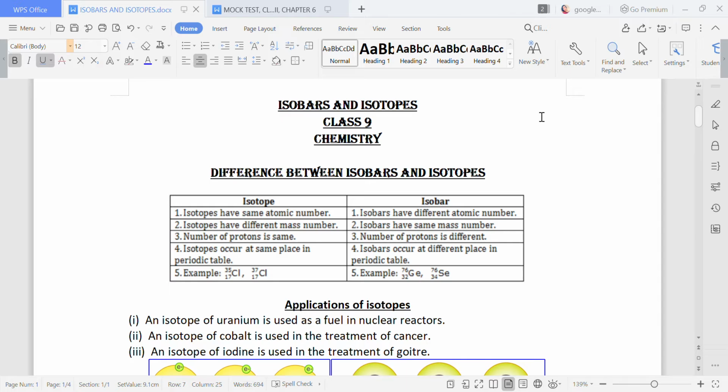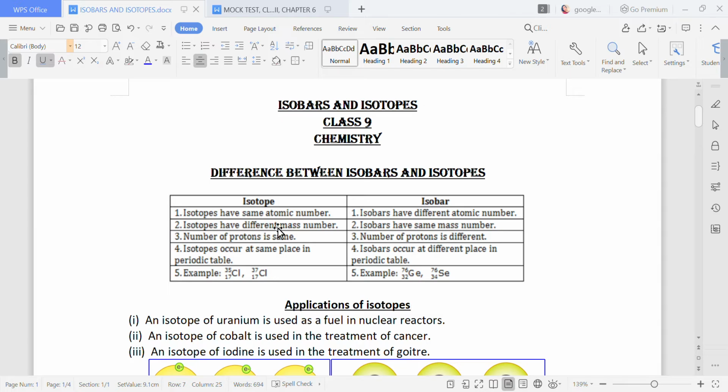Now, children, isotopes are those elements which have the same atomic number, but isobars are those elements which have different atomic numbers. Okay. I'll also explain with examples, so just pay attention.